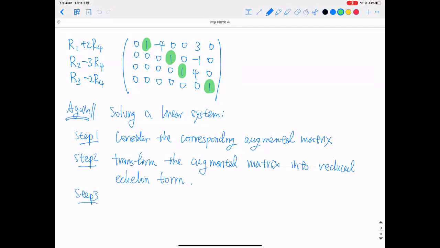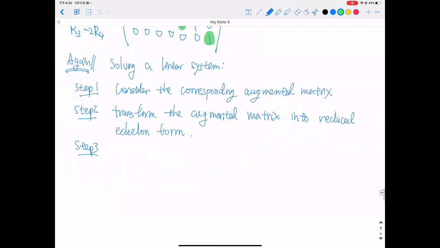Next step, convert. Now that, after doing step 2, you get a matrix in reduced echelon form. That matrix should be viewed as the augmented matrix of some linear system.